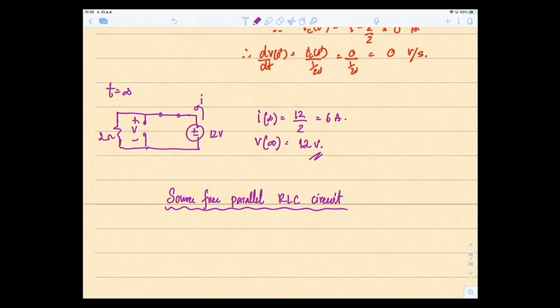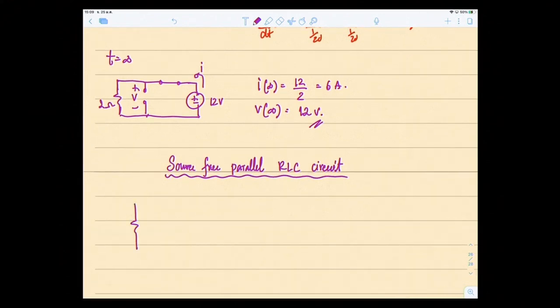Okay, so this is the R, L, C, no source. There's a voltage right here at the node, right? There's a current IR, current IL, and current through the capacitor IC.